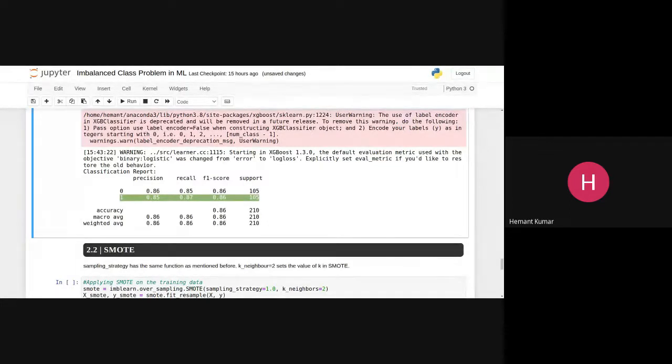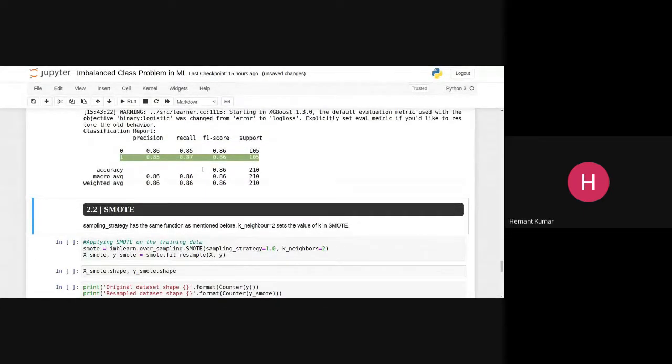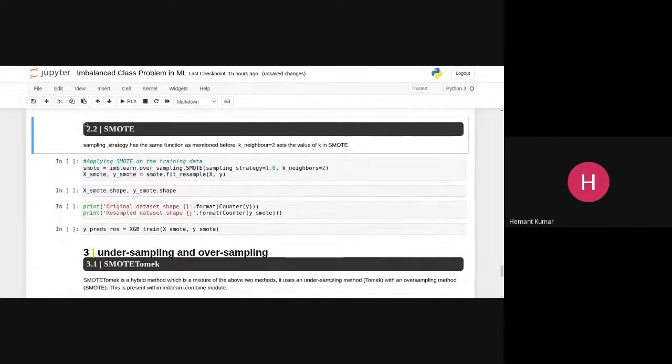Okay, so next is SMOTE analysis. Again, this is not used regularly because it tends to an overfitting problem. So this is used most of the time, that is SMOTE, which means synthetic minority oversampling, synthetic data generation using oversampling techniques.